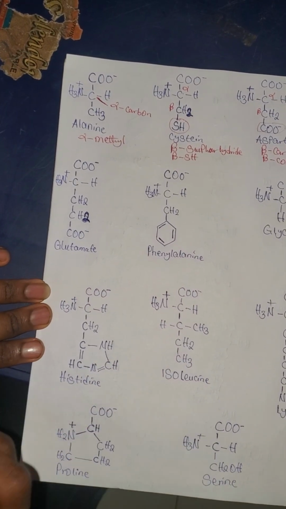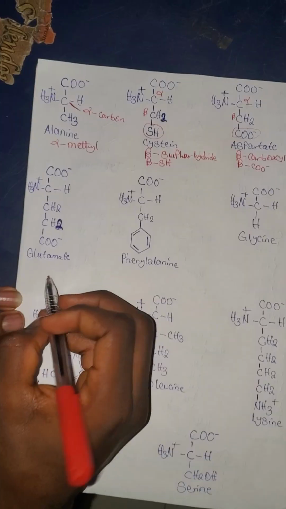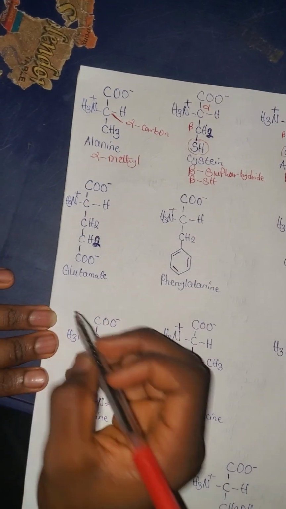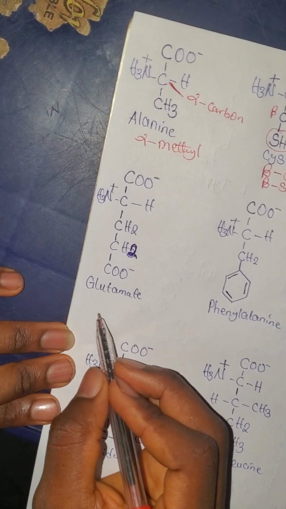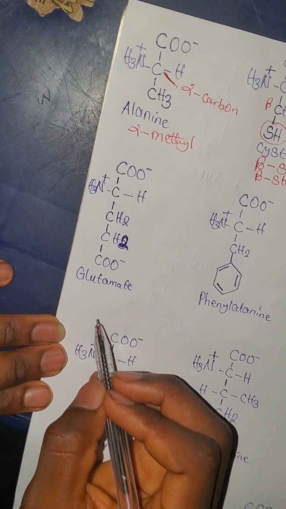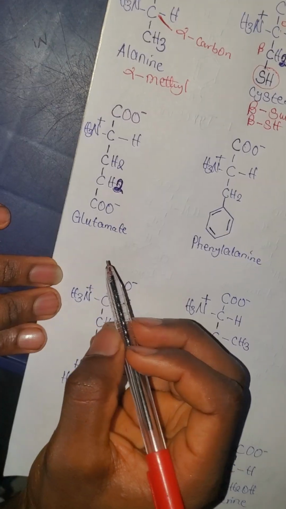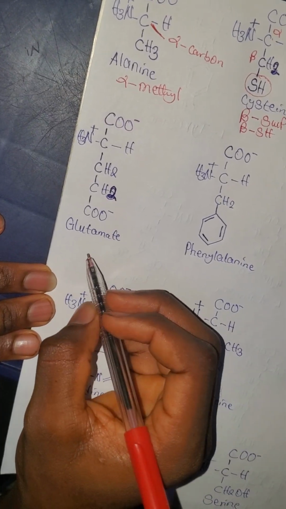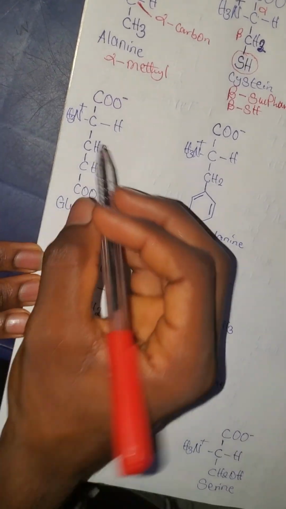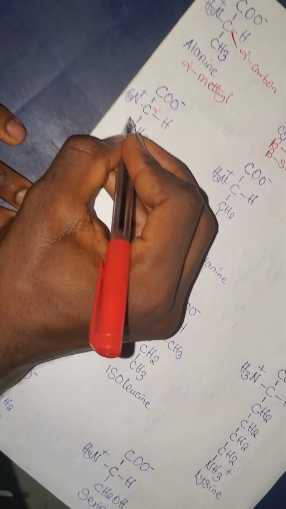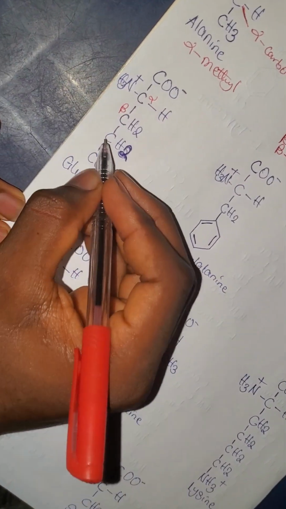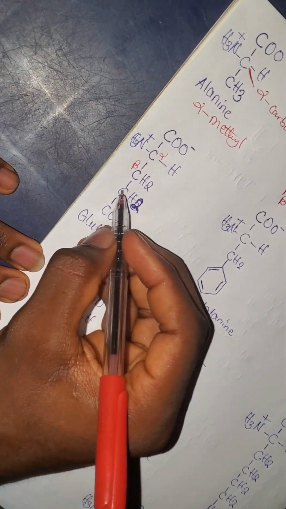Let's continue. All right, the next amino acid is glutamate. You call it glutamate or you can call it glutamic acid. So the two names are correct. Alternatively, you can use any one. We have the alpha carbon here. We have the beta carbon here. After beta, what do we have next?